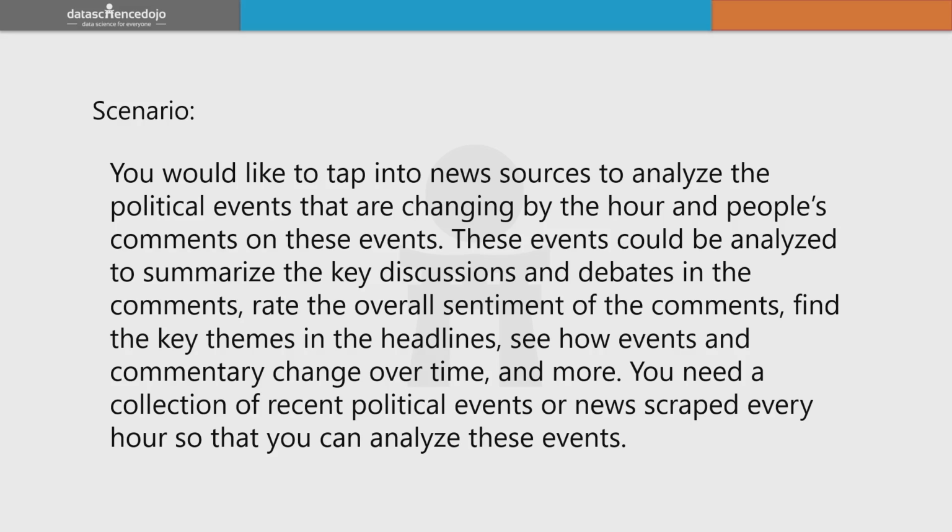Maybe they might follow a downward negative trajectory, or they might follow an upward positive trajectory. Or maybe they just drastically change over time, and you might want to be alerted to those drastic changes by the hour. So if the sentiment was consistently positive by the hour and then it suddenly dropped to extremely negative, you might want to be alerted to that so you can act on it in the moment and find out what might have caused that.